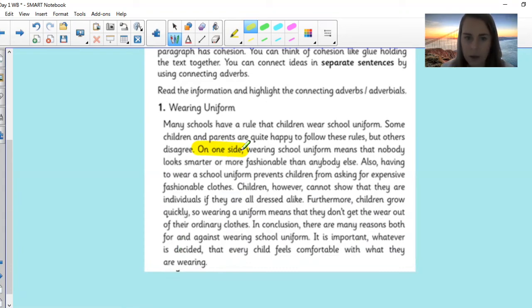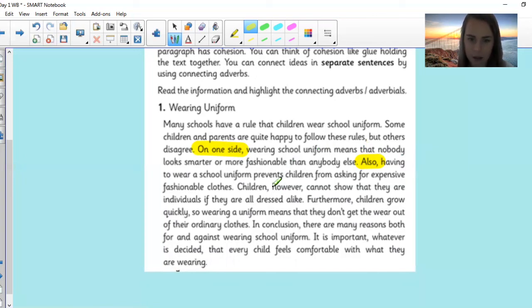Also, having to wear school uniform prevents children from asking for expensive, fashionable clothes. So again, also connects this second sentence to the first one, doesn't it? Because it's saying, well, actually, this is one argument, and this is an argument that goes with that first argument. Children, however, cannot show that they are individuals if they are dressed alike.